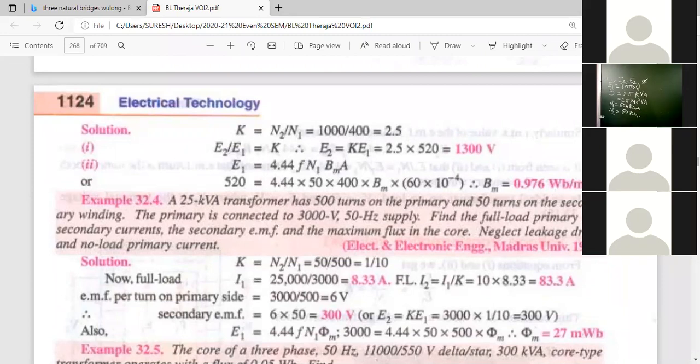Now see here. We know N1, N2 and E1. Can you determine E2? Yes, sir. N2 by N1 is equal to 1 by 10. Determine E2 first of all. Write down, E2 by E1 is equal to N2 by N1.